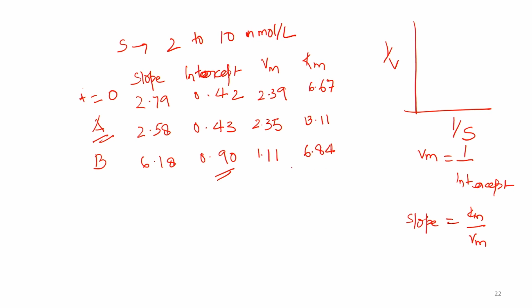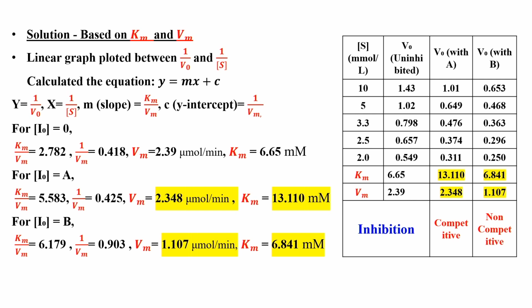Now, we can compare. In the presence of inhibitor B, Vm is reduced, Km is unaffected. In the presence of inhibitor A, Vmax is unaffected, Km is increased. So, if you remember correctly, as in the presence of A, Km is increased, it is a competitive inhibition, and in the case of B, where Km is unaffected and Vm is decreased, this is non-competitive.